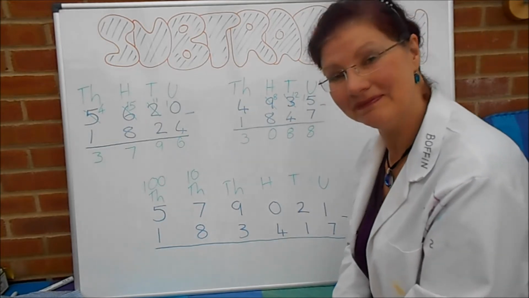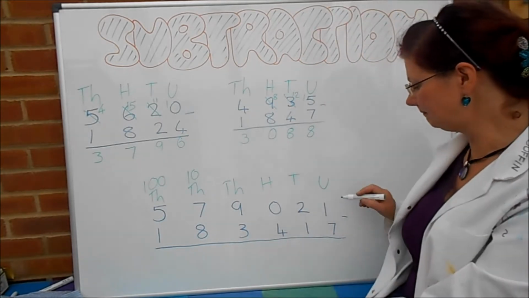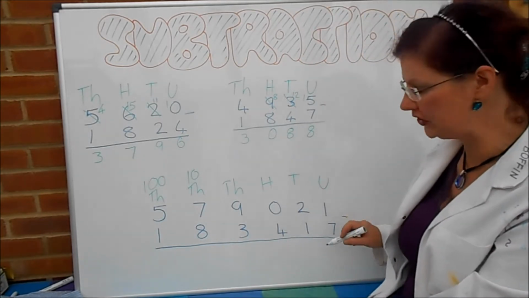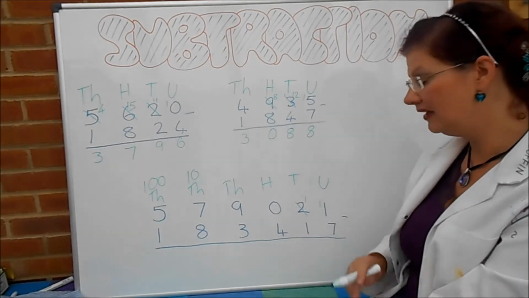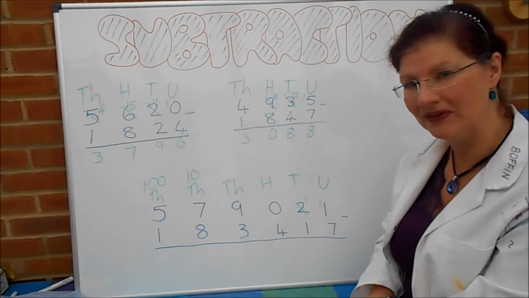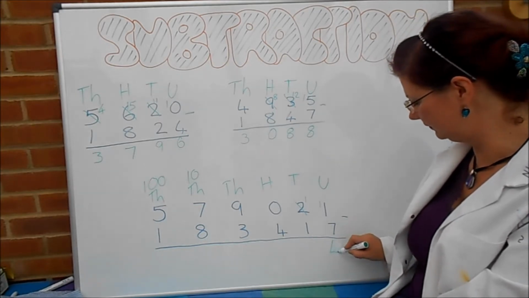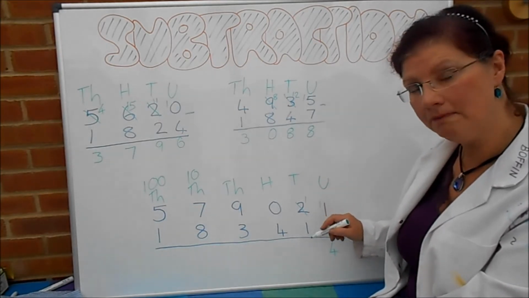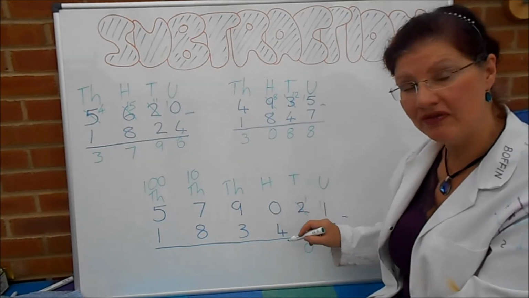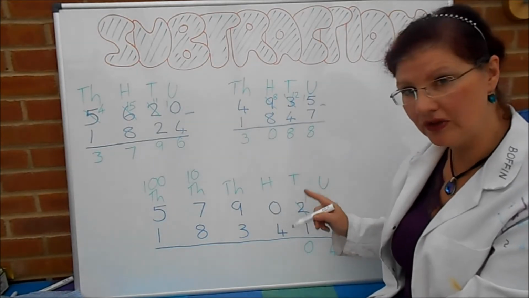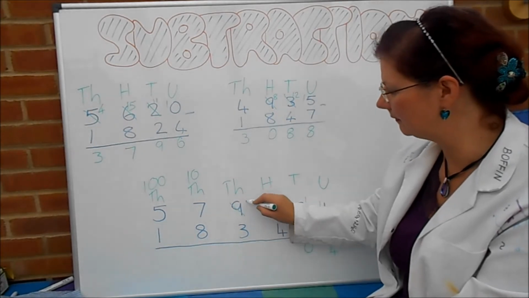Now for the big one. Do it exactly the same. 1 take away 7, can't do it, unpack one of these. So now we have 11 take away 7, that's 4. 1 take away 1, easy, that's 0. 0 take away 4, can't do that, unpack something.